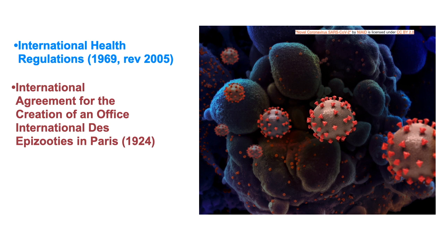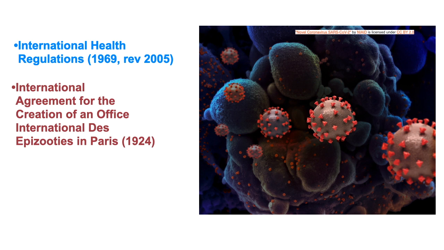And WHO has not formally joined the Interagency Liaison Group on Invasive Alien Species, but they are part of the standard-setting bodies under the WTO SPS agreement for food safety, and International Health Regulations cover emerging infectious diseases for humans.